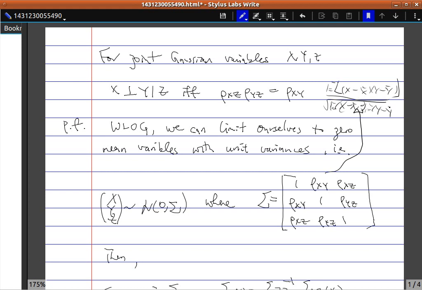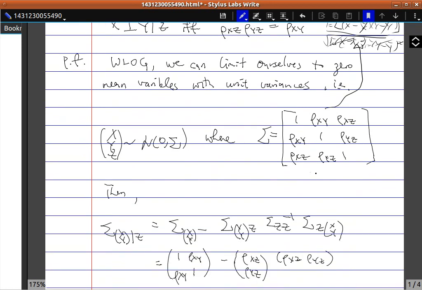But of course, because it's unit variance and zero mean, the expectation of xy is just equal to rho xy.